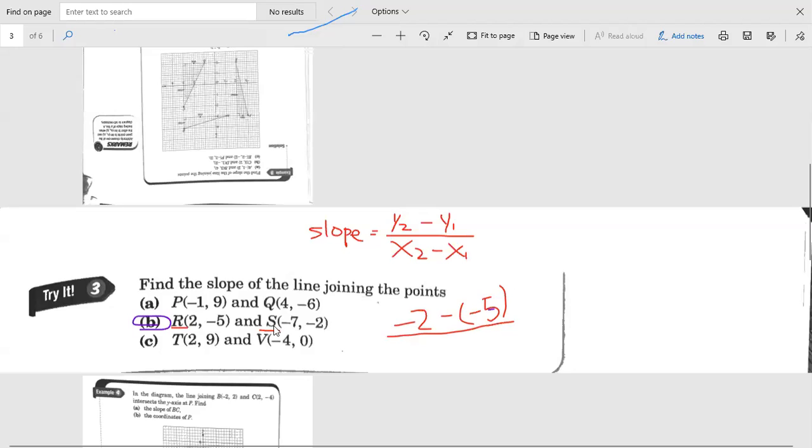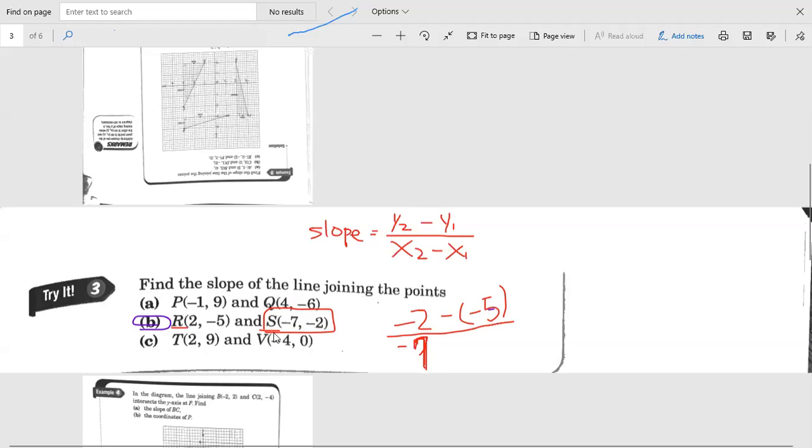Since we use S as x2 and y2, so what is x2 for the distance from R and S? It would be negative. It would be -7.